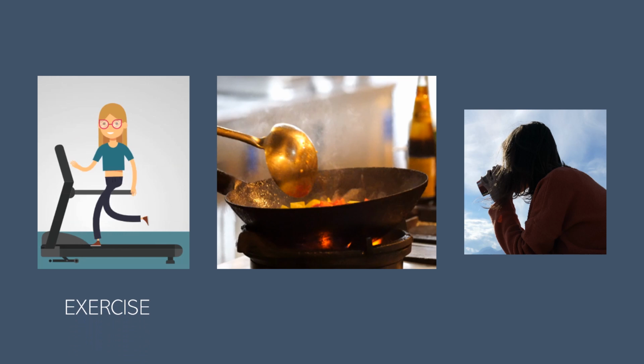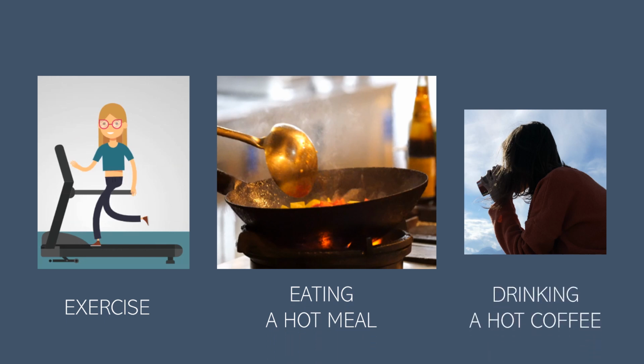The second is preparing a hot meal, but the activity is when one eats a hot meal. And the third is drinking a hot coffee. These are some of the activities that can change the shape of the curve in the graph. Can you write other activities that can change the shape of the graph? Write your answers in the comment box below.